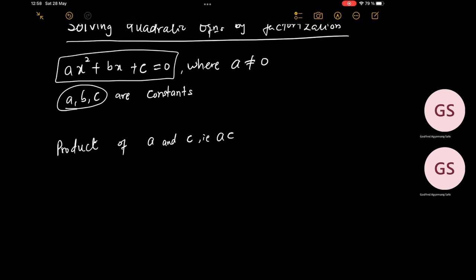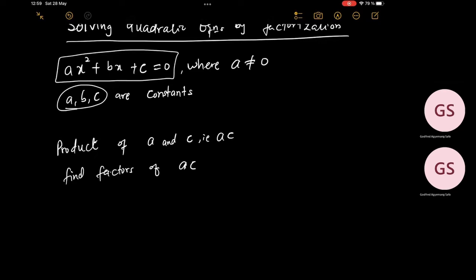Then you find the factors of ac, so that among the factors you find the one that sums up to b.